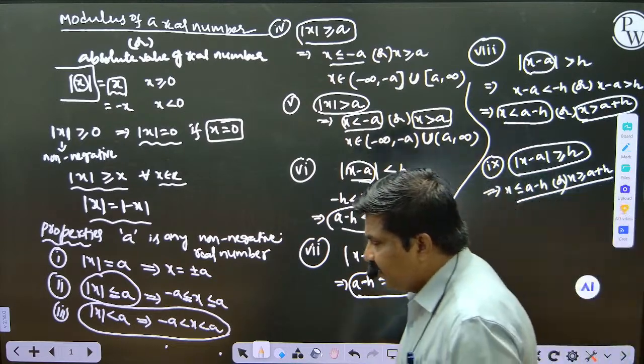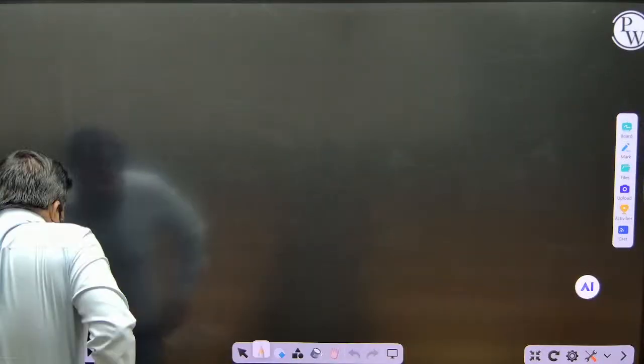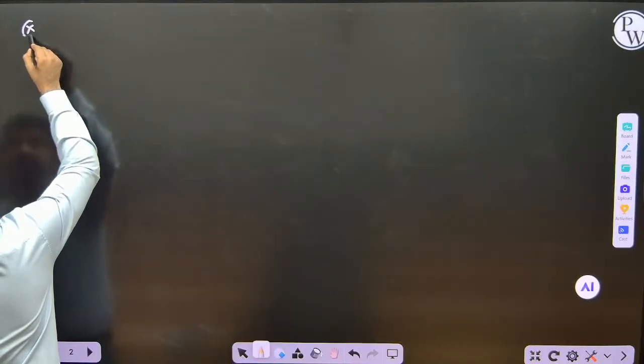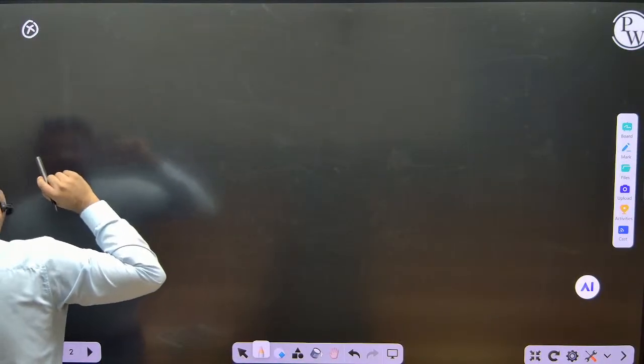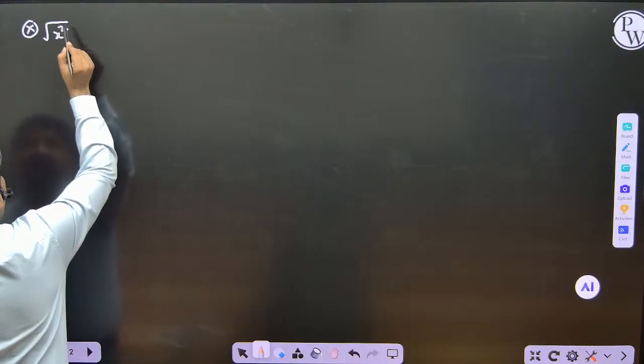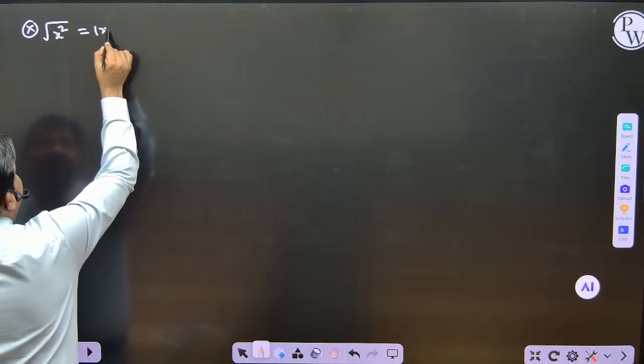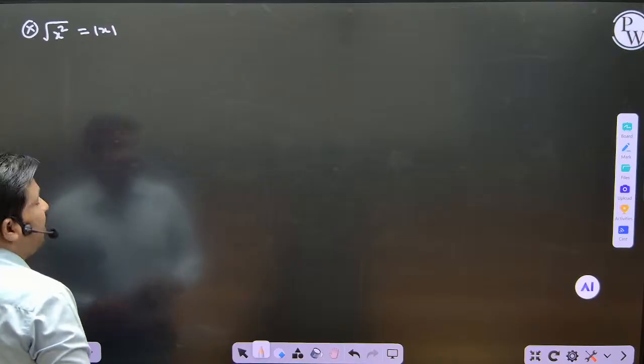Okay, now we see here. Next one, property number 9. Now property number 10. What is that? Root of x square. Root of x square, don't take it as x. Root of x square is always modulus of x.